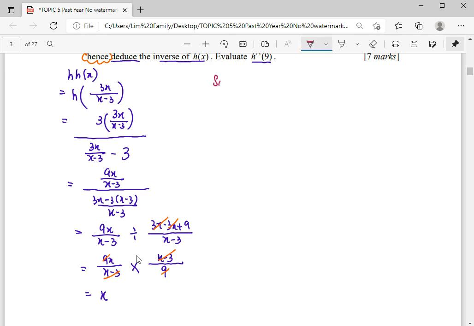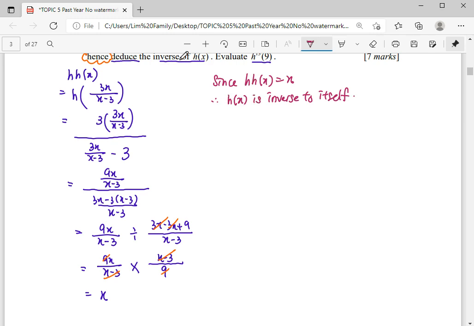So we can see since our result from the first part is equal to x, h(x) is inverse to itself. When we composite, we get x, which means they are inverse to each other. So since these two functions are the same function, h(x) is inverse to itself.